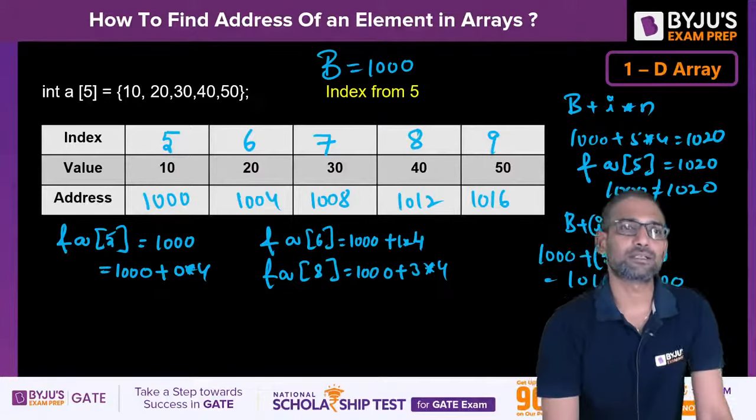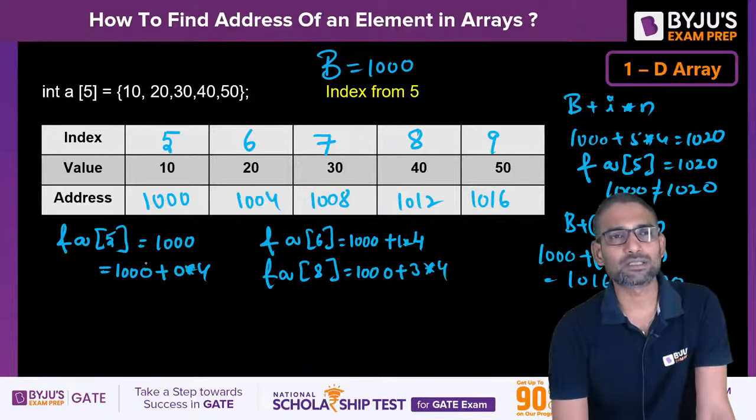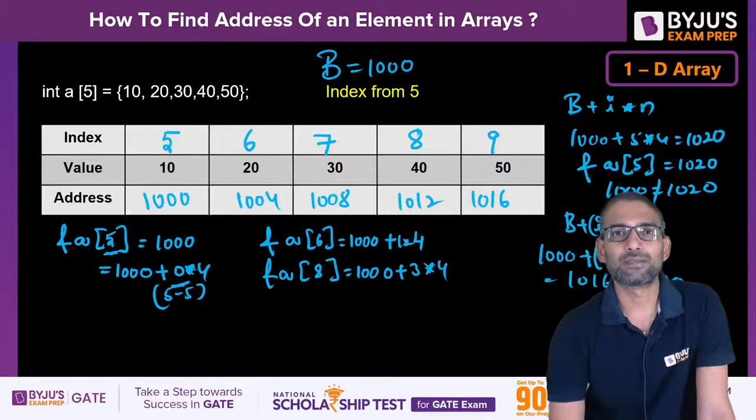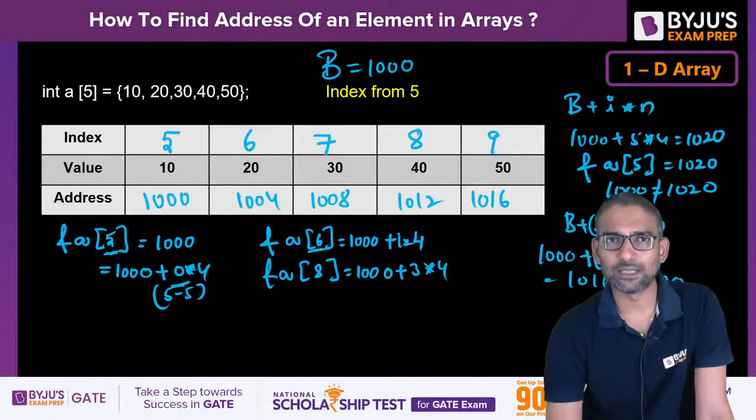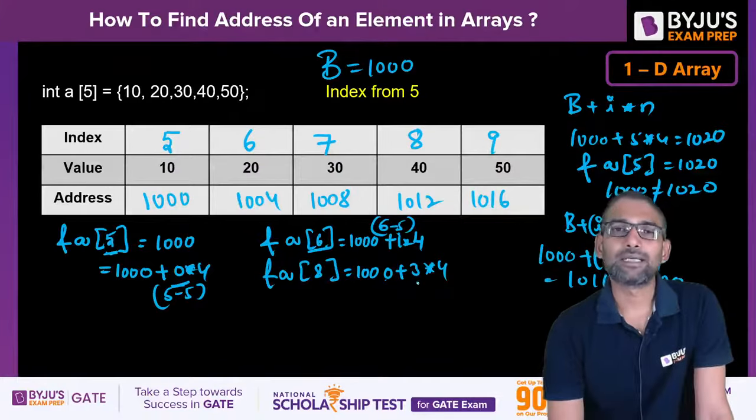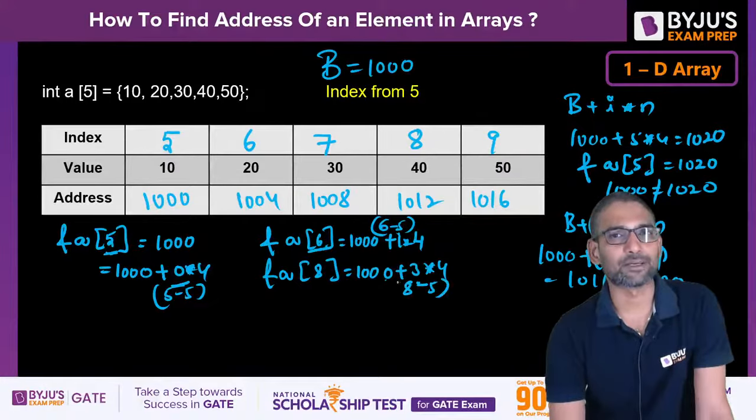That means when the I value is 5, how does it become 0 with which we are multiplying? It is 5 minus 5. Similarly, how is it becoming 1 when the index is 6? 6 minus 5. Index is 8, I am multiplying with 3. 8 minus 5.